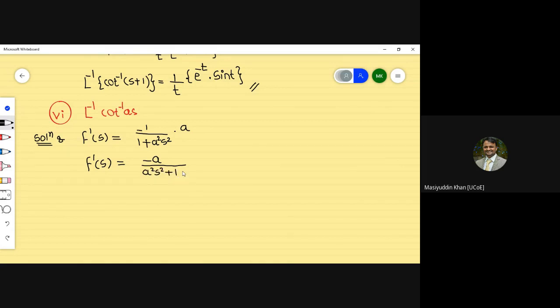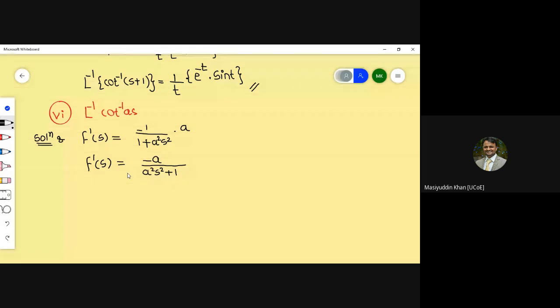Now if you remember the Laplace transform of the standard functions sine and cosine, the denominator is like s square plus a square. Here the s square is multiplied with a square, so we have to take this a square outside.